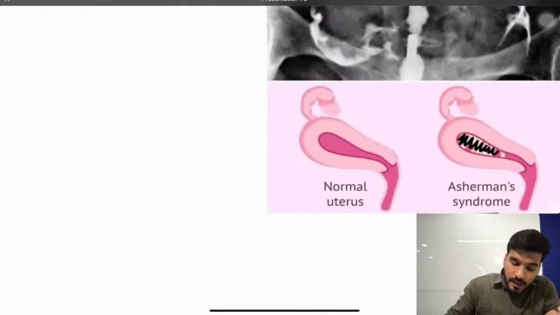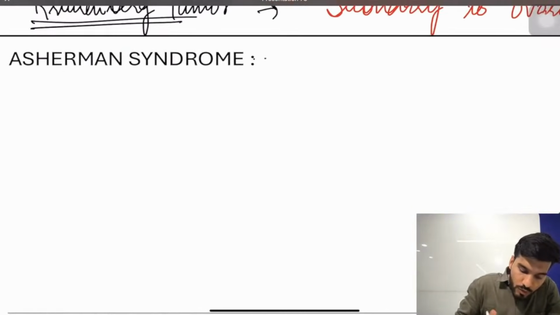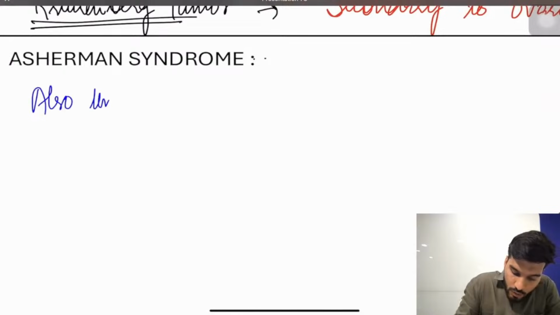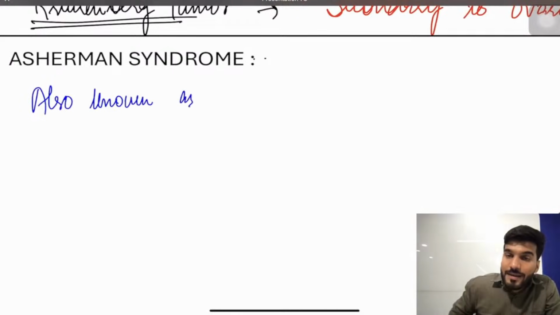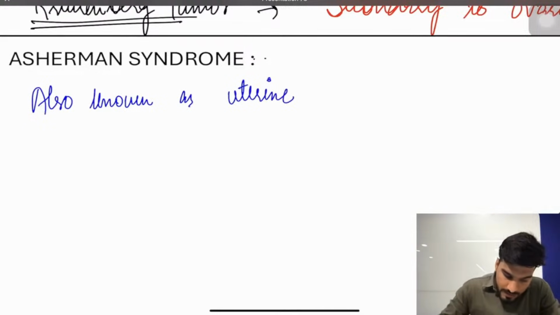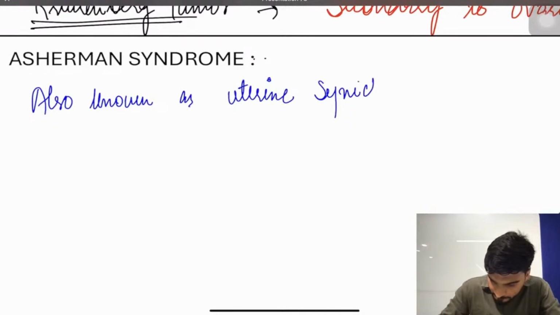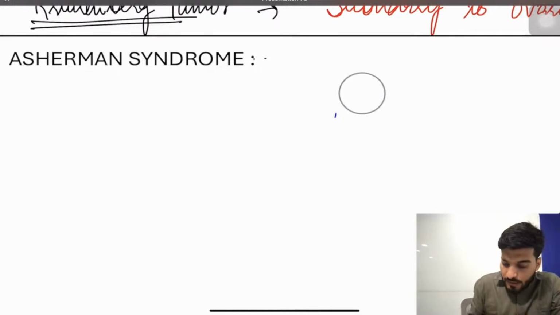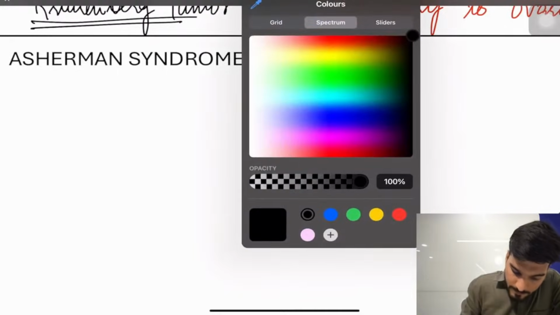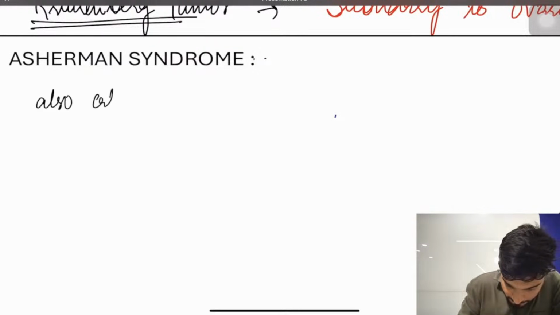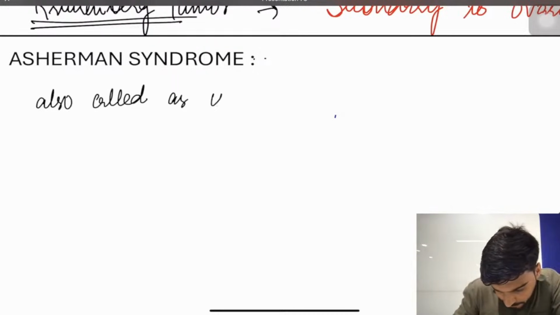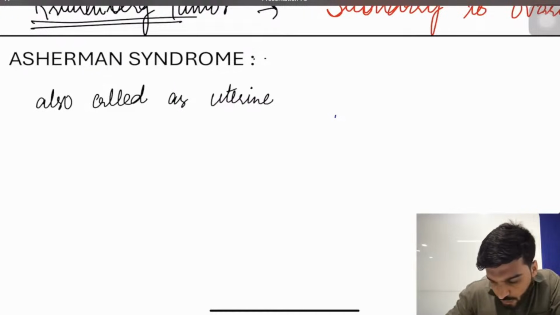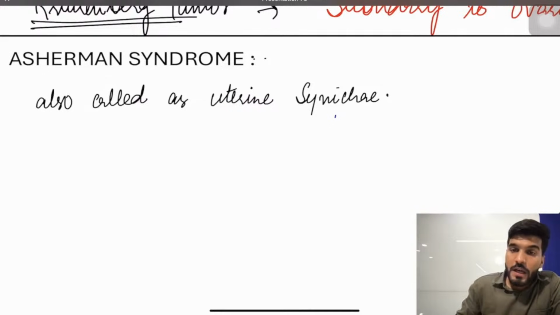So let's write it in a very concise way. Asherman syndrome is also known as uterine synechiae, because there is synechiae formation.